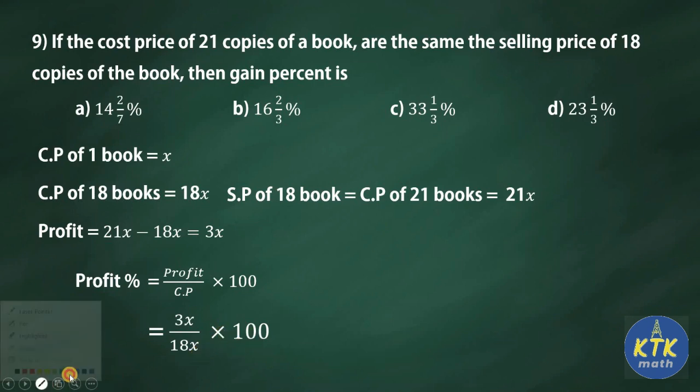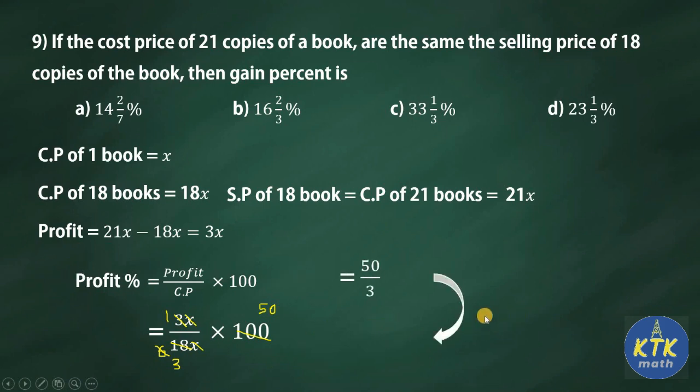You can cancel x and x. Then you can cancel 3 with 18. This is 1 time, this is 6 times. Now again you can cancel in 2 table. Here this is 3 times and here it is 50 times. So 50 by 3. After cancellation we are going to represent this in terms of mixed fractions. So you are getting an improper fraction there.